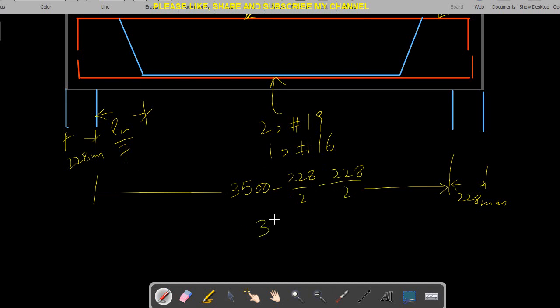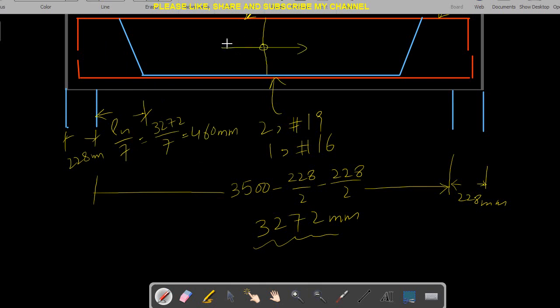So the clear span will be 3272 millimeter. This is my clear span. So this ln will be this one, right? In millimeter, right? It will be bent to the top, and I will use stirrups.